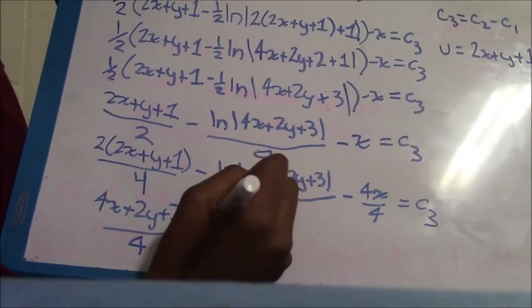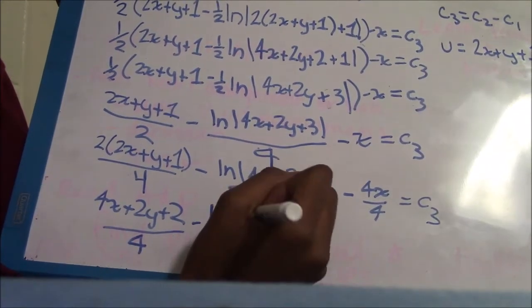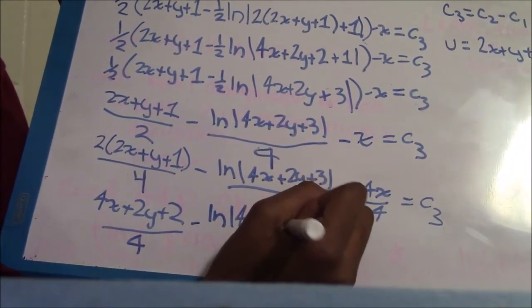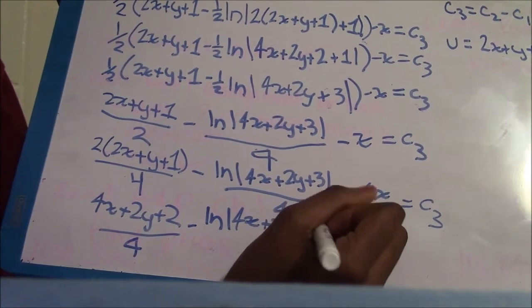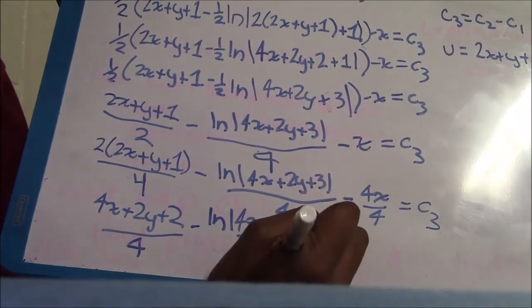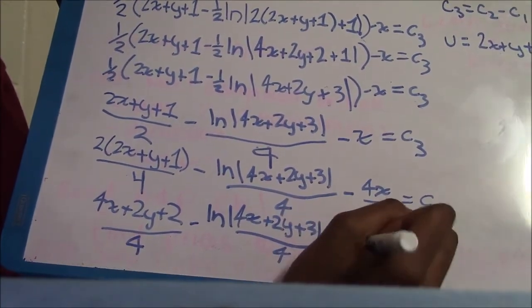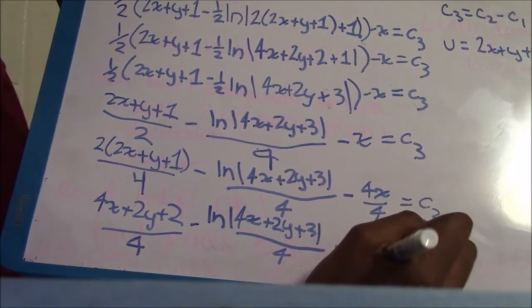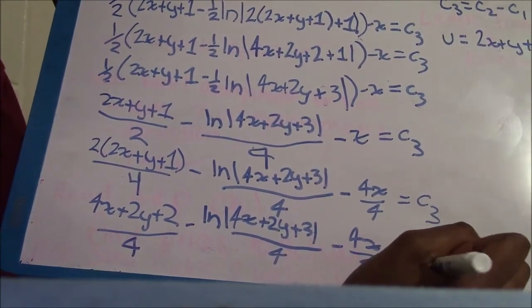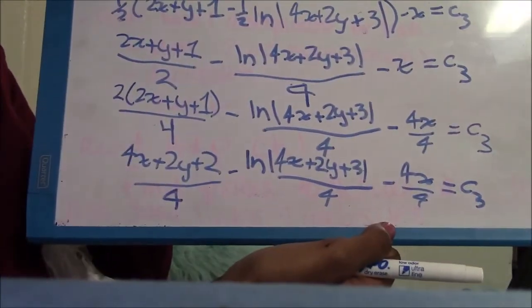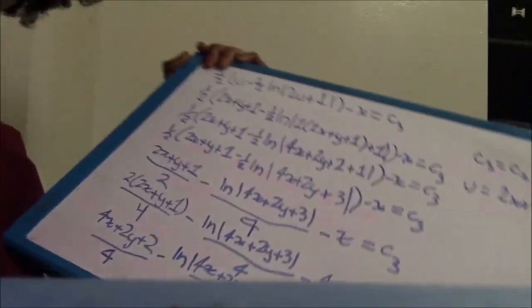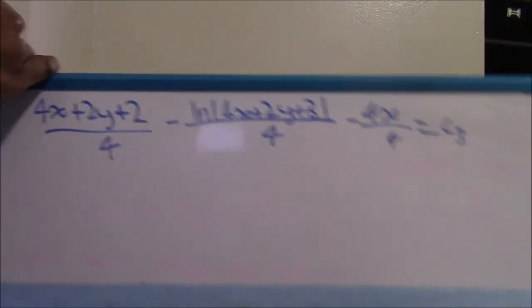Minus the ln of absolute value of 4x plus 2y plus 3, all that over 4, minus 4x over 4 equals C3. Okay, so this is basically what we ended up with so far.